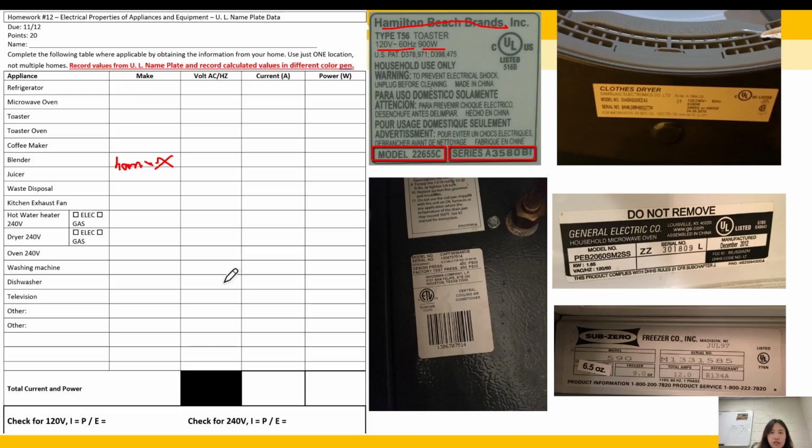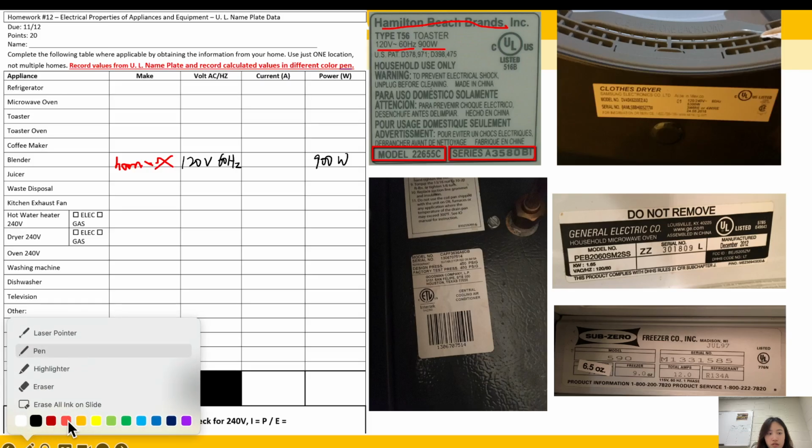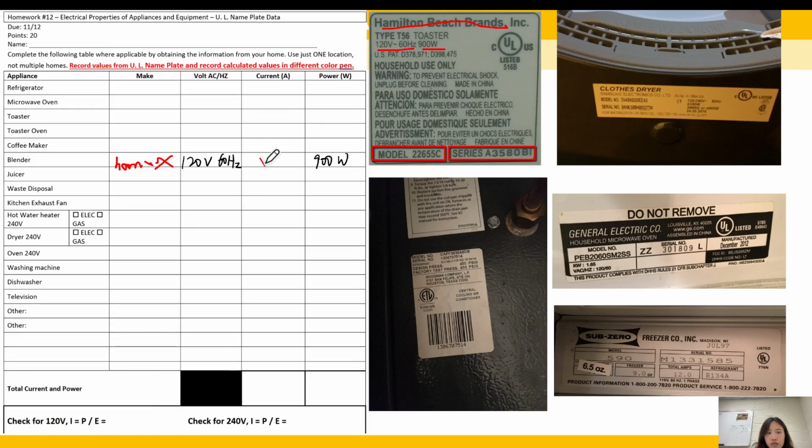So we can calculate. We can use the black one to calculate power, and then you have to switch to the red pen to calculate the current.